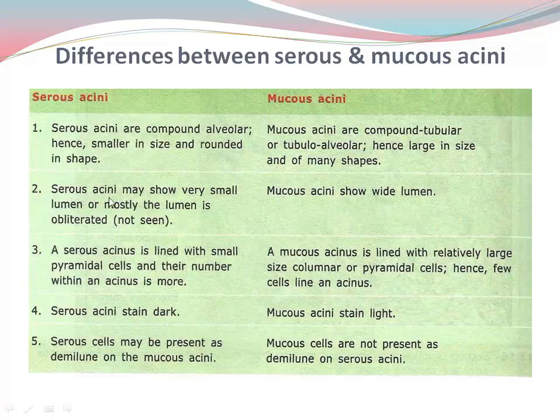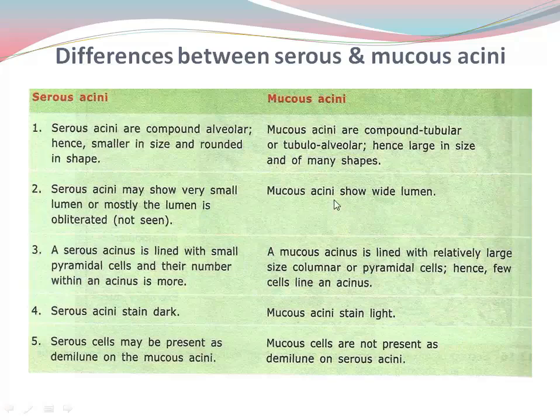Here a serous acinus may show a very small lumen, or mostly the lumen is obliterated, not seen, because the way of releasing the serous secretion is bursting of the cell. So that secretion remains stored in the apical portion of the cell, so they don't require an internal lumen.